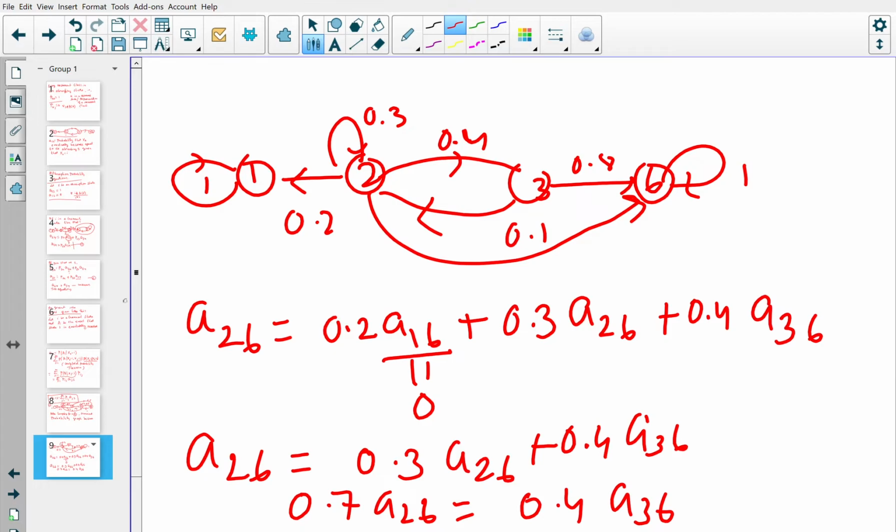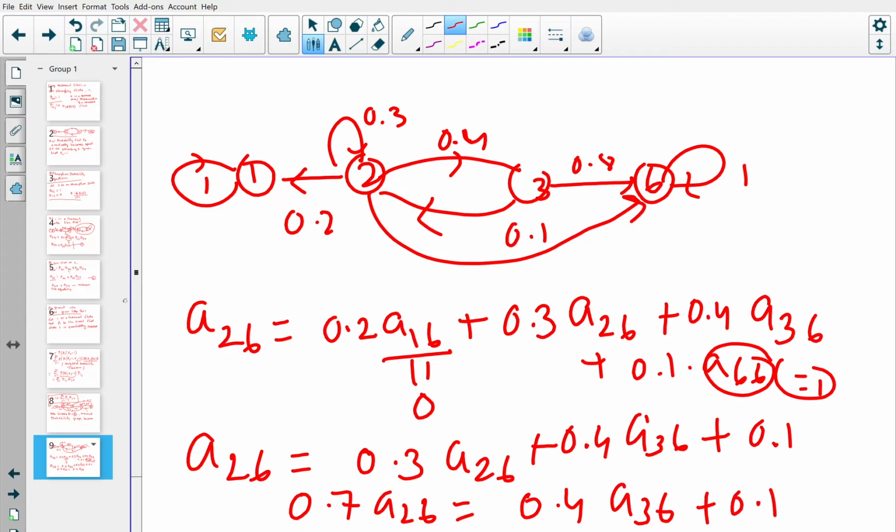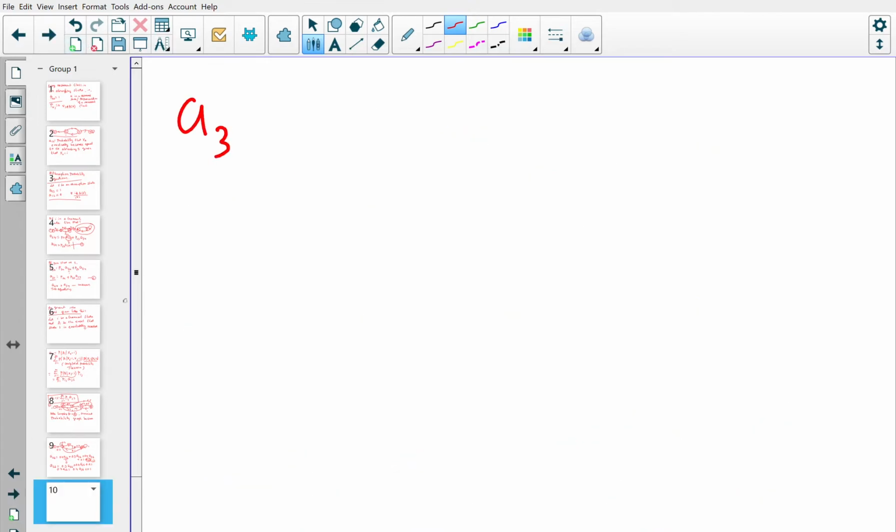And obviously, you can go to 6 also, so plus 0.1 into A66, right? A66 is equal to 1, so 0.1. This is one equation, and the second equation is what? You want to know what is A36.